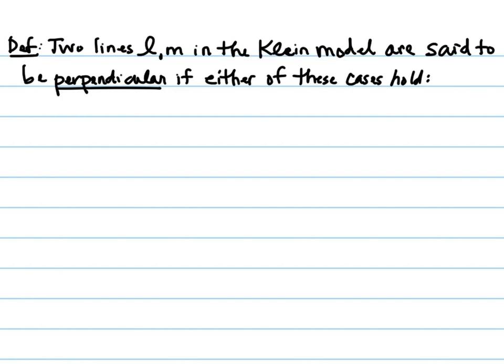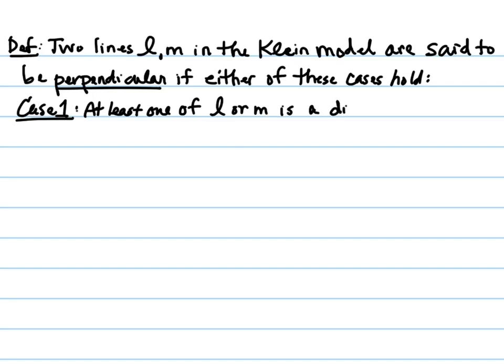Case 1: at least one of L or M is a diameter. If we have a diameter, then L is perpendicular to M, and that is equivalent to Euclidean.